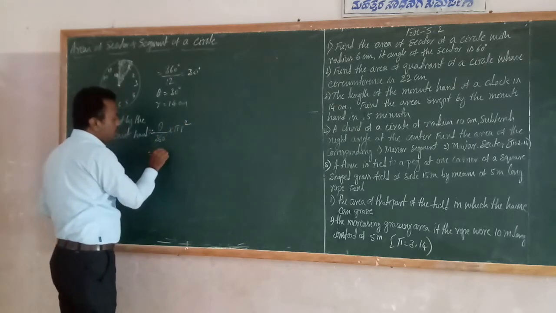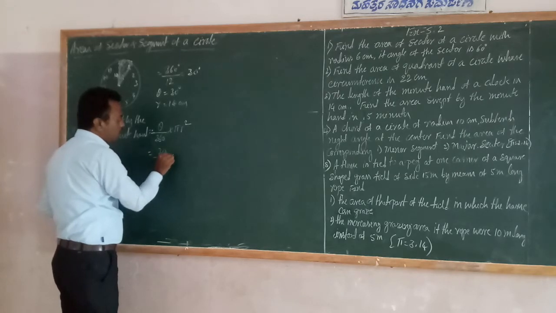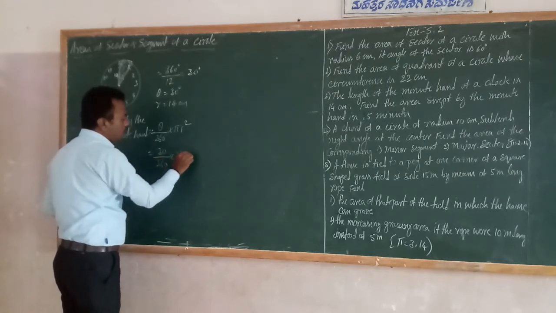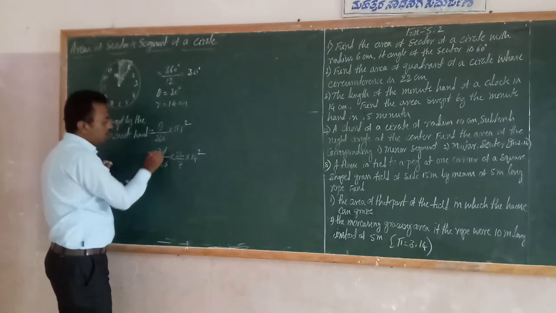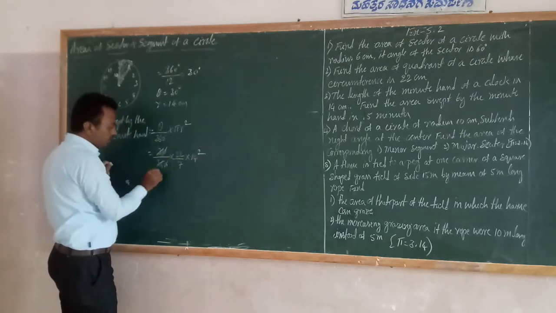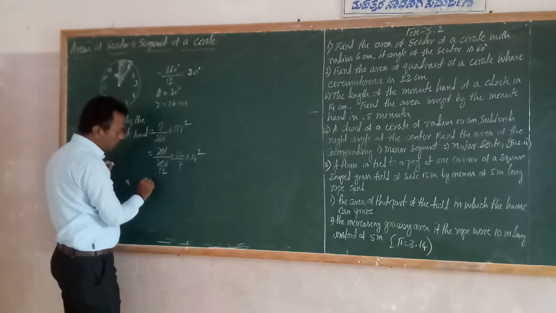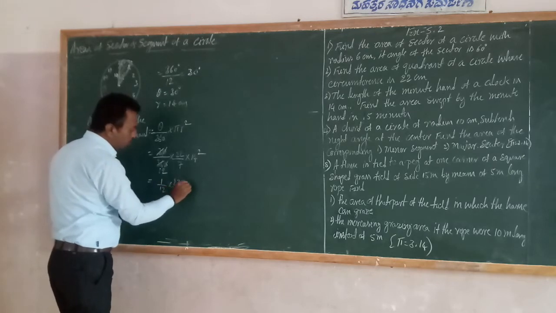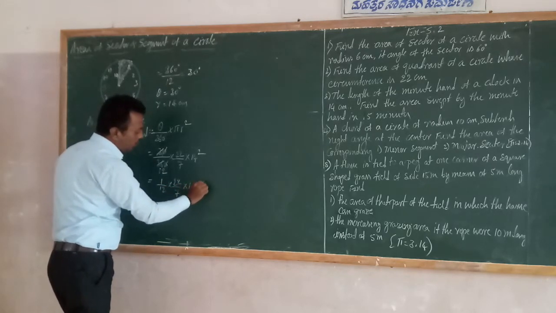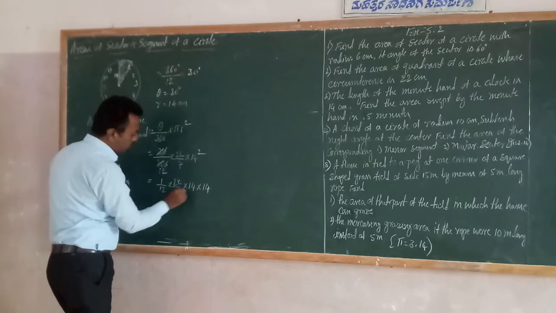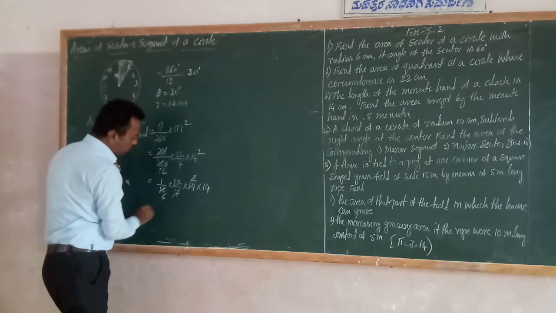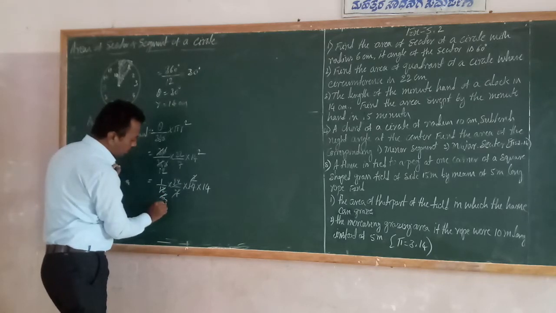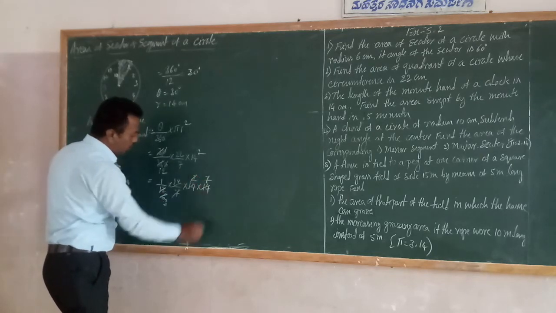Theta means 30 by 360, into pi means 22 by 7, into r square means 14 square. So the zeros get cancelled. 3 ones are 3, 3 twos are 6, 12 it becomes. So 1 by 12 into 22 by 7 into 14 into 14. 7 twos are 14, 2 sixes are 12, 2 sevens are 14.